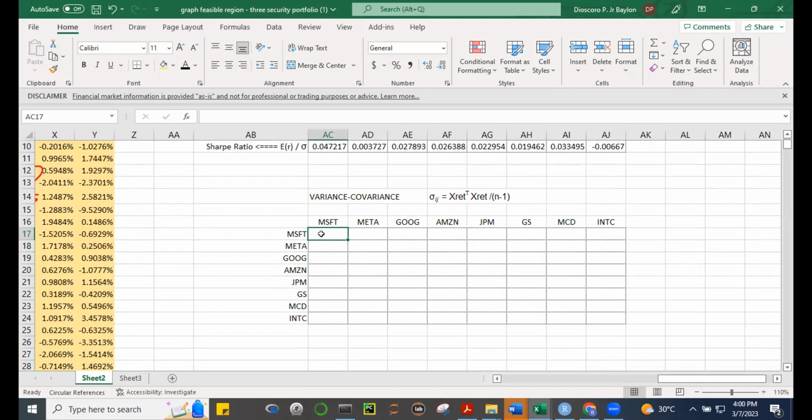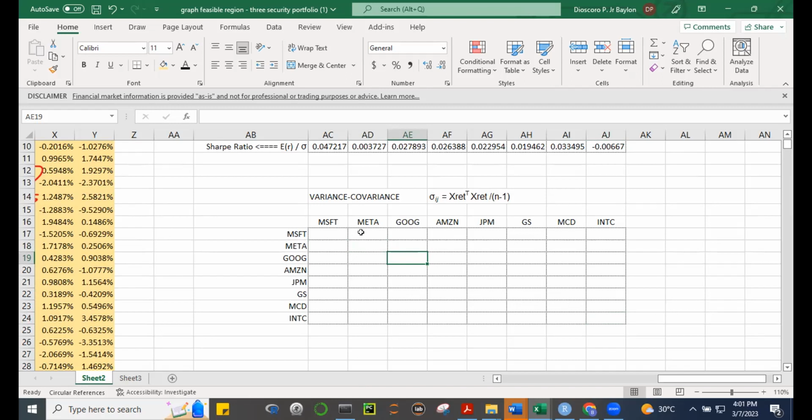But isn't it that the covariance of Microsoft with Microsoft is the variance of Microsoft? So all the diagonals here, class, when you pair the asset with itself, these are now your variances, okay? Because you're looking at the variability of the asset with itself. So this is, for example, Meta with Meta. This is Google with Google. So the diagonals here are your variance. The rest are your covariance.